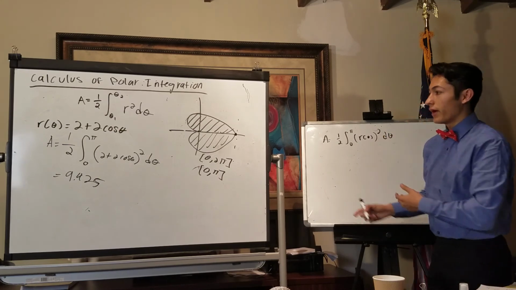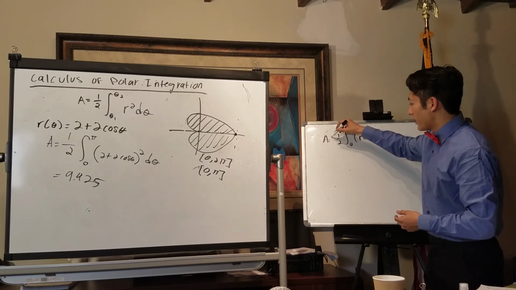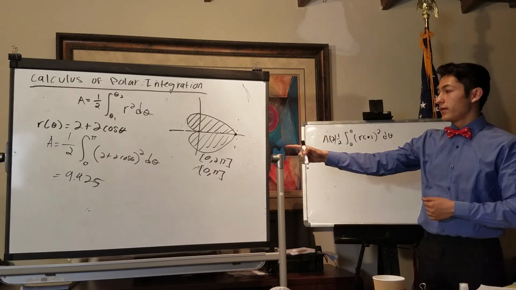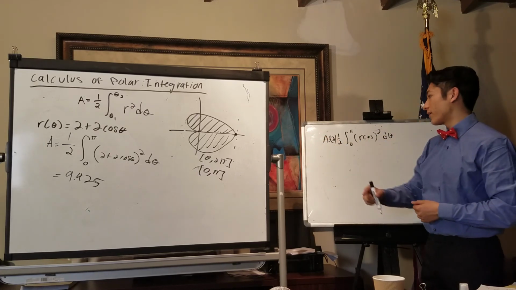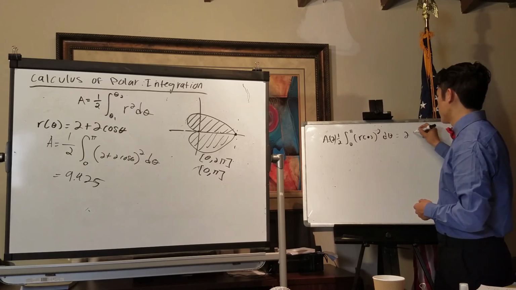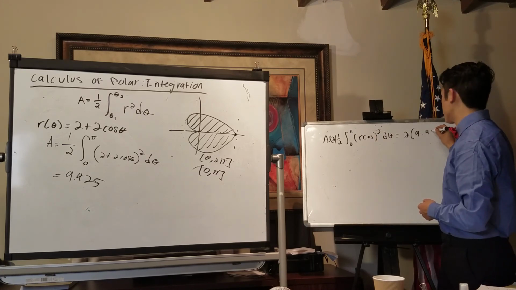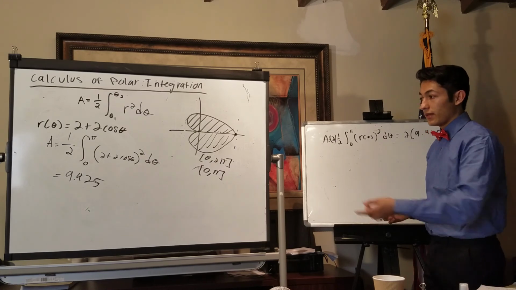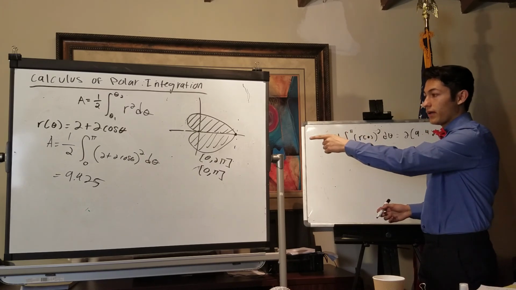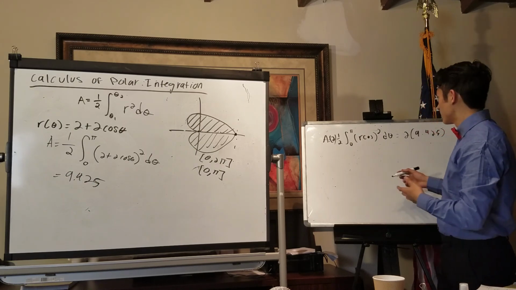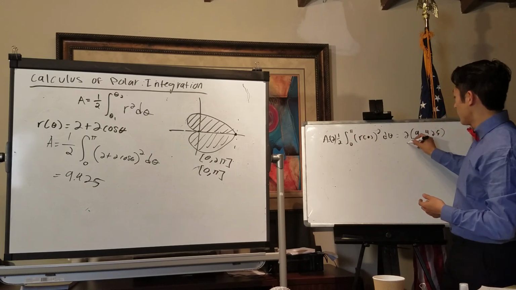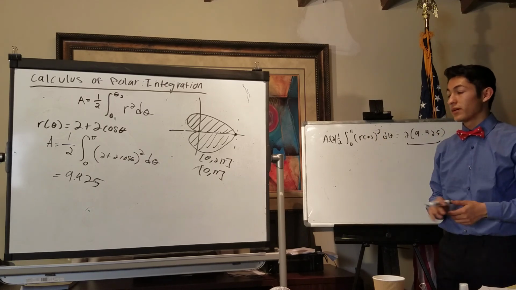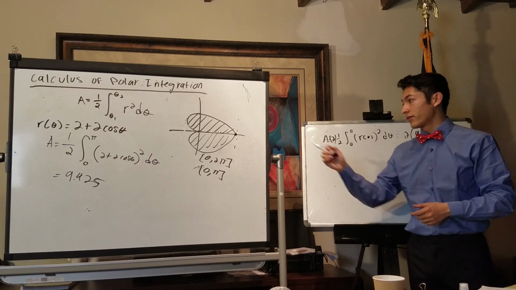We can simply take what we had before, but multiply the front here by 2, and we'll get the area of the entire cardioid, which would simply be 2 times 9.425. We could also take the answer we got from that particular integral and simply multiply it by 2, and we get the same answer here. And of course, this is because of the symmetry of the cardioid we have here.